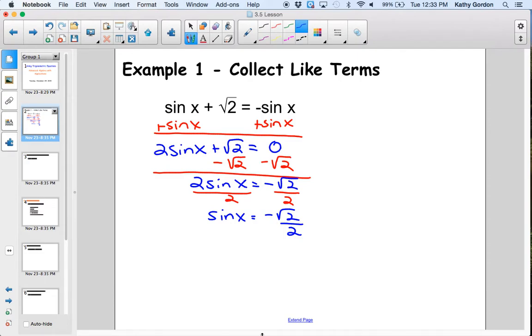Calculators can pretty much only function on functions. So if you're going to program in how to do an inverse sine, it has to be an inverse sine function. Which means if I put in negative square root of 2 over 2, I can only get one answer out of that because it's got to be a function.